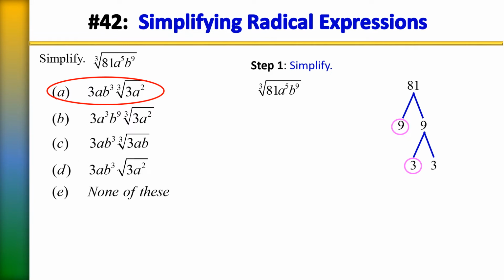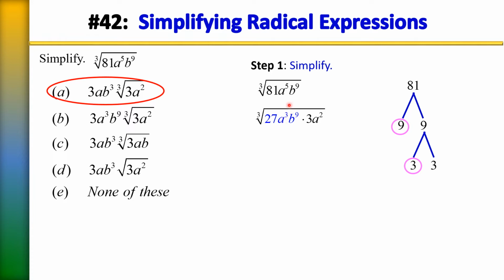Looking at our b, it is a perfect cube, so we can solve it as is. We don't need to change it. So I'm going to go ahead and let you take a look at how I've arranged it here with the perfect with the perfect and the non-perfect with the non-perfect. Notice here I have that 27 that we found to be inside of 81.